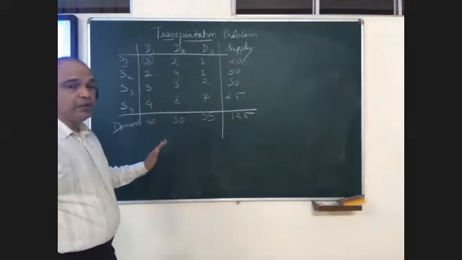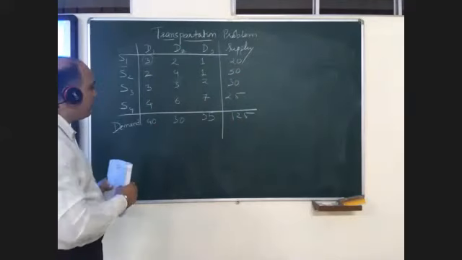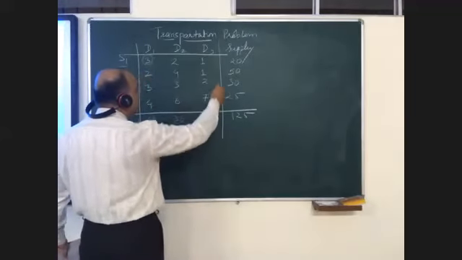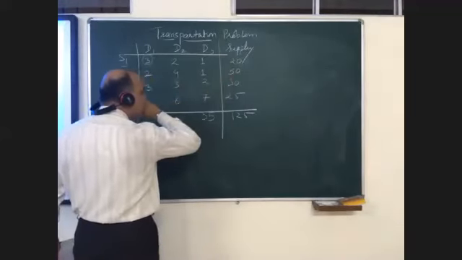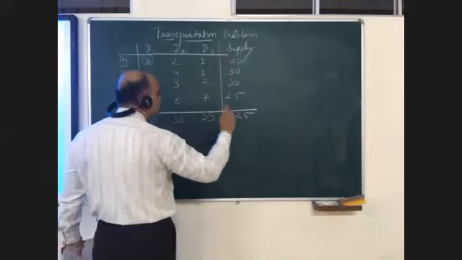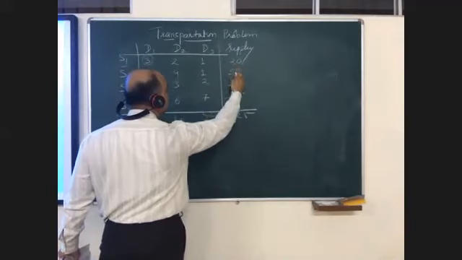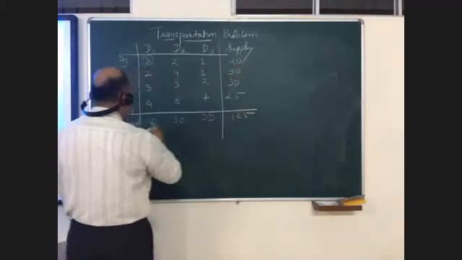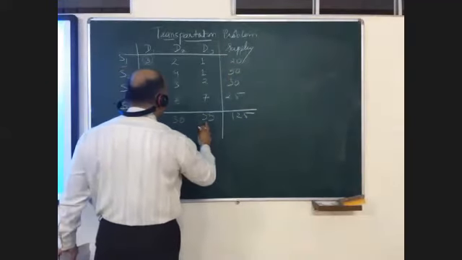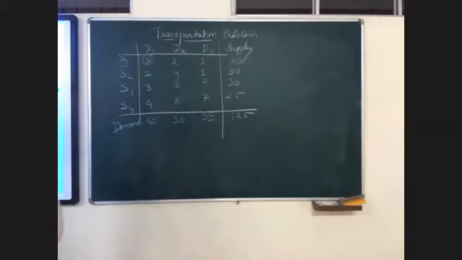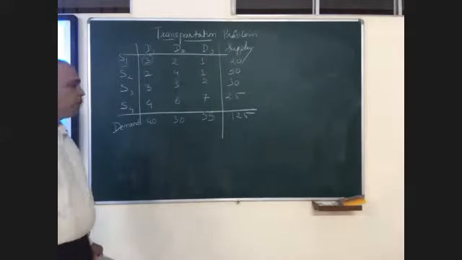The first step while solving this problem is you have to remember the total of demanded quantity and the total of supply quantity should always be same. So we'll just check whether it is same or not. It is 125. Yes, it is same, right?